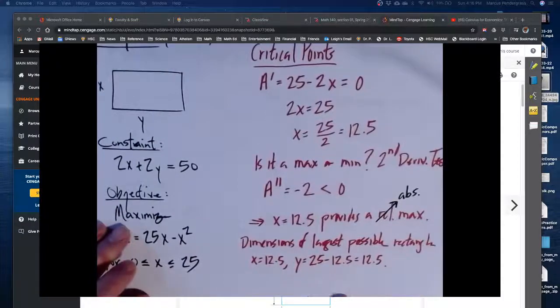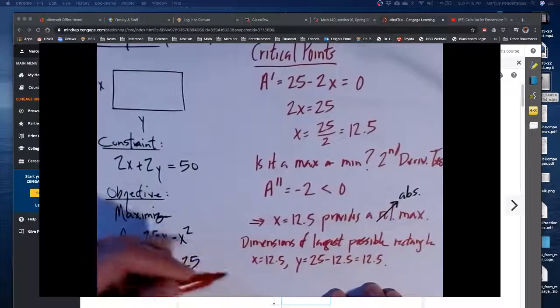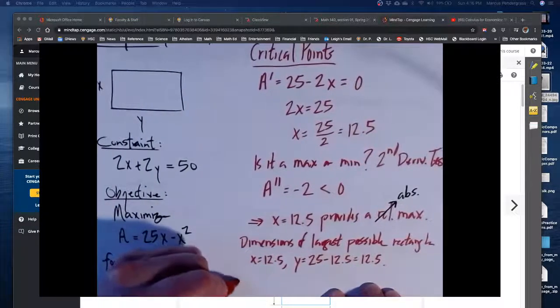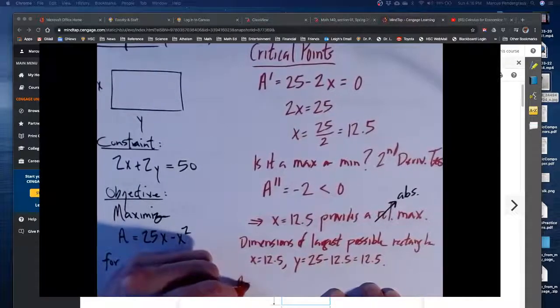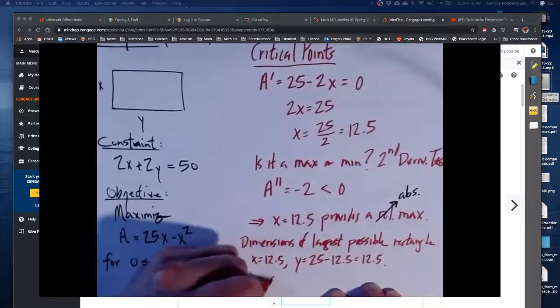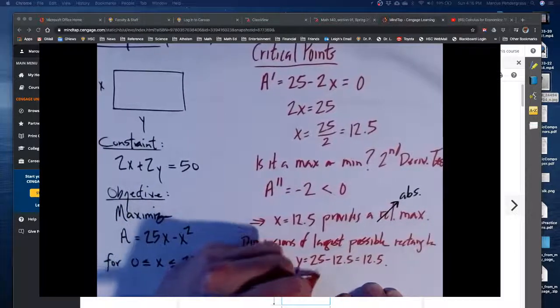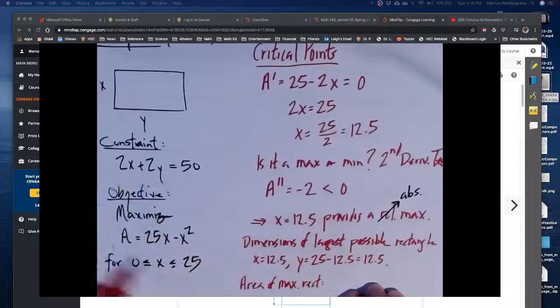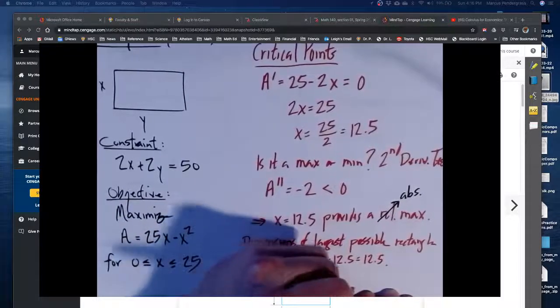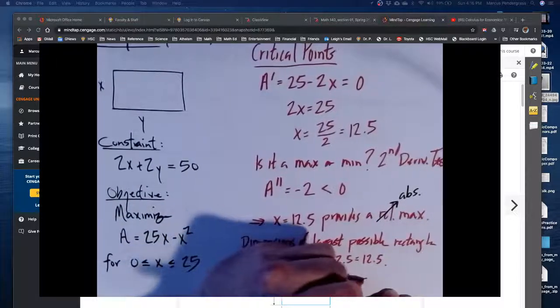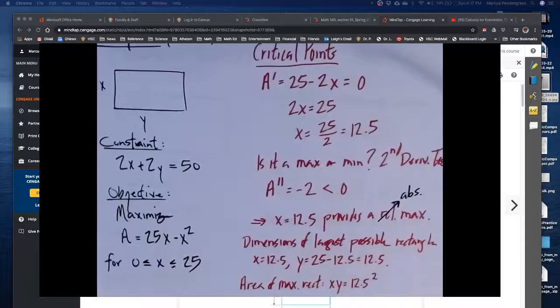And then finally, we could think, well, how much area do you get? Well, the area of the maximizing rectangle would just be x times y, right? And that would be 12.5 squared.